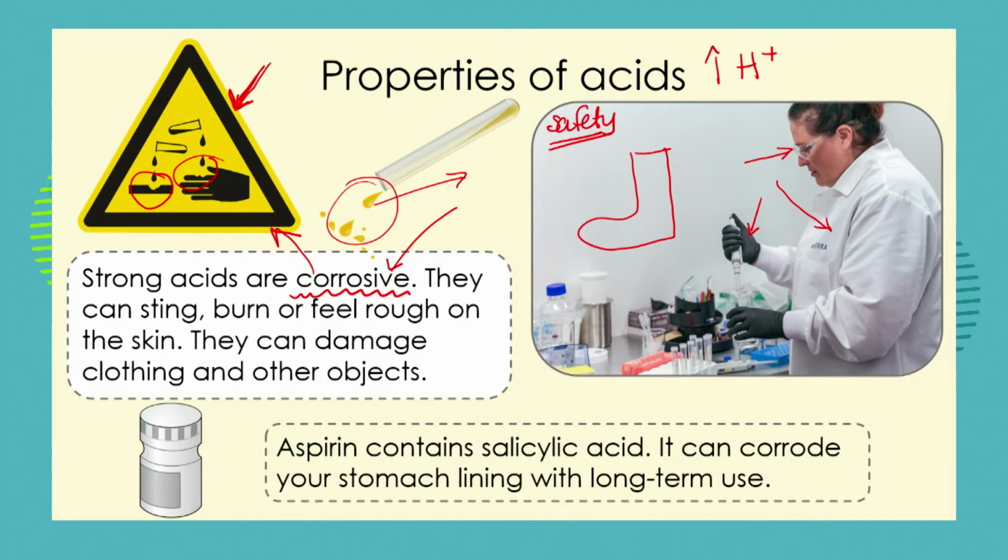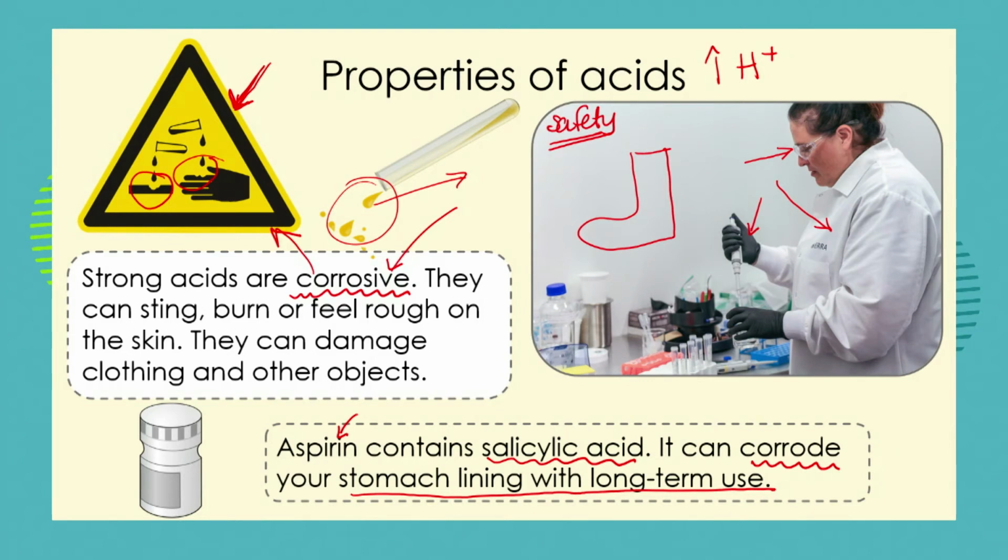Some acids, which we consider to be safe, can also corrode our bodies. So ordinary aspirin that you would take for fairly mild pain contains salicylic acid, and salicylic acid can corrode your stomach lining with long-term use.